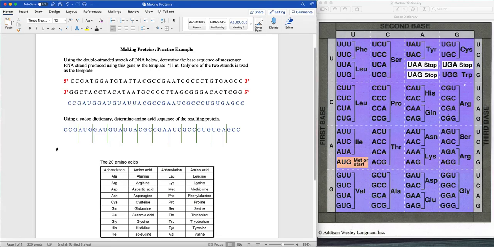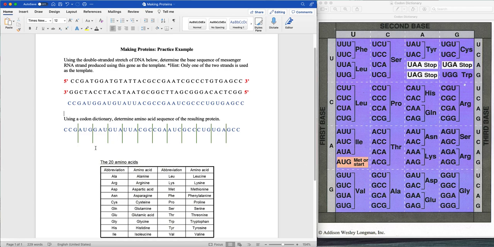To do that, we have to use the codon dictionary, which is shown here on the screen on the right. Using the codon dictionary is pretty simple. You're going to start by locating the first letter in the word on the left side of the dictionary, move to the top to find the second base, or the second letter, and then move to the opposite side there to find the third base.